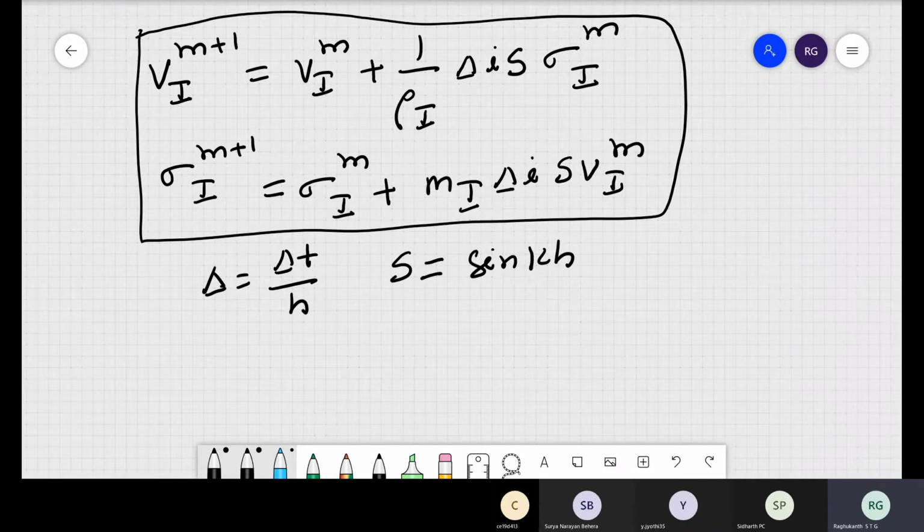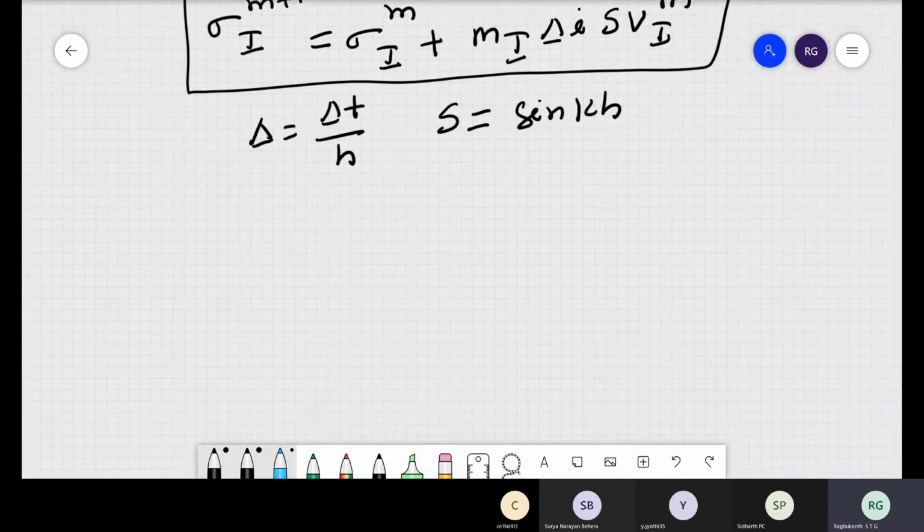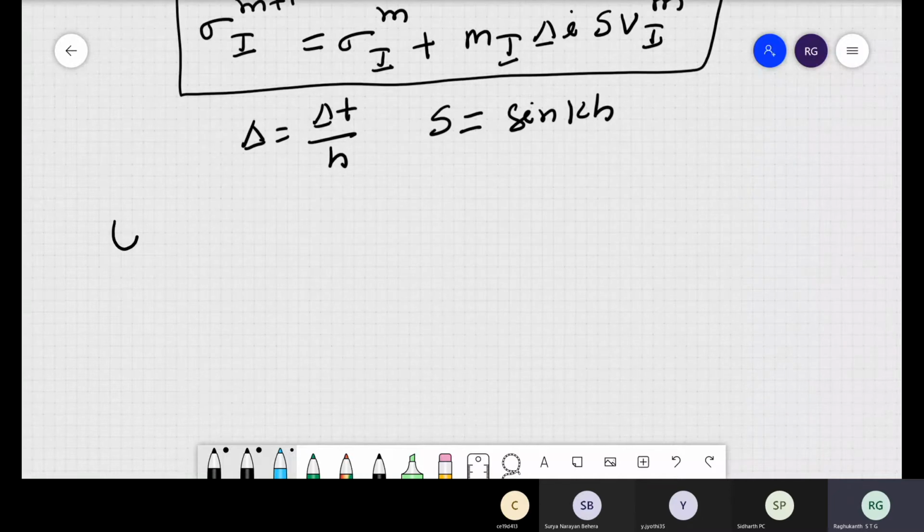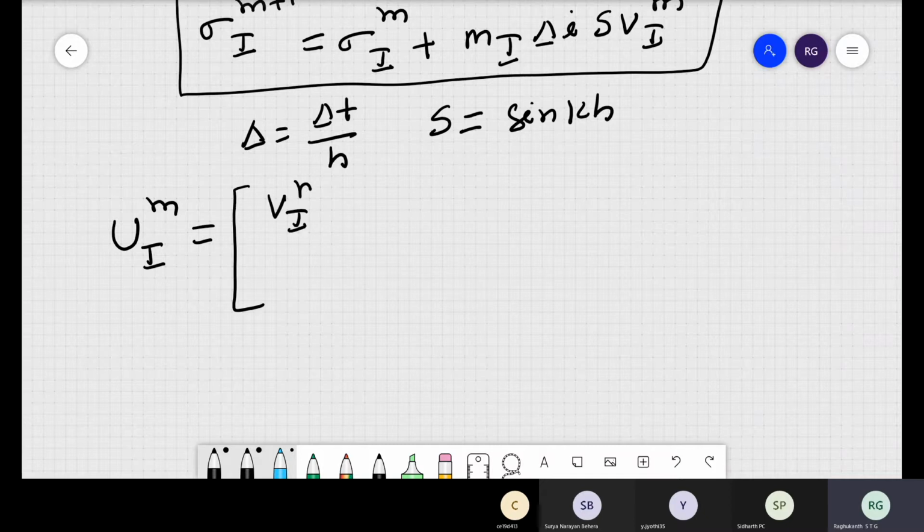So now we have to check the stability. We define a new vector u_i of m, which is defined like this: V_i at m, then sigma_i at m. We have defined a new vector because there are two equations.